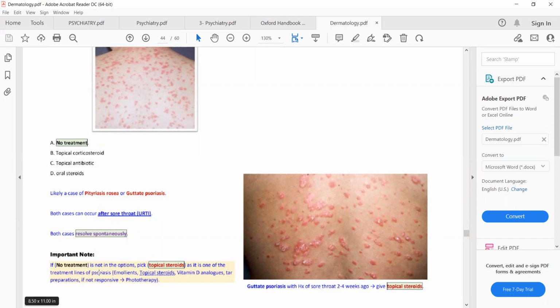But if no treatment is not given in the options, then you will pick topical steroids. But if both of them are given, like in this question, such as no treatment and topical steroids, you will select no treatment or reassurance because the condition will resolve on its own in 4 to 5 weeks or 6 weeks.